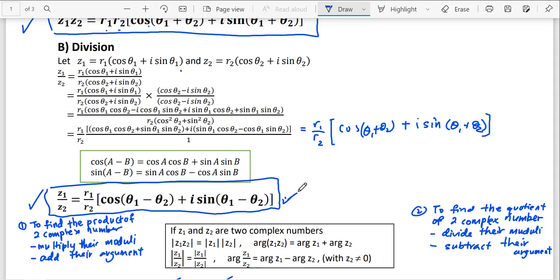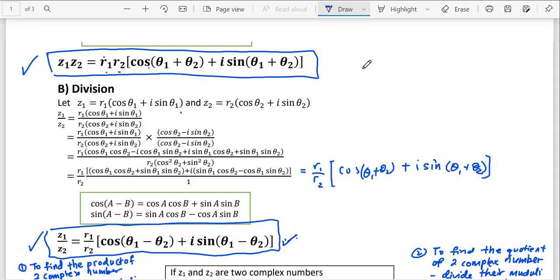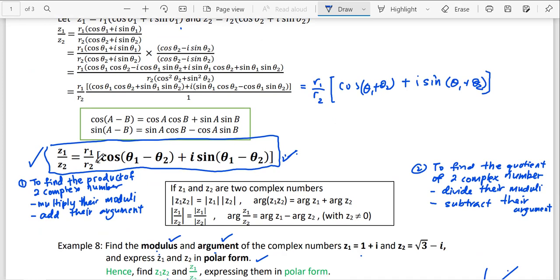So this is the formula. We have two formulas you need to know: the first is multiply, the second is divide. If you divide, you divide the moduli and subtract the angles. If you want to find the product of two complex numbers, multiply the moduli. More than one modulus is called moduli.